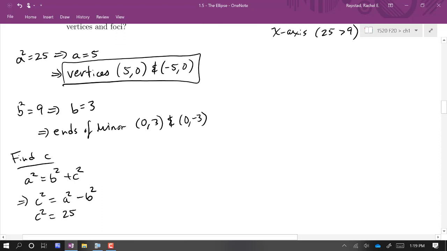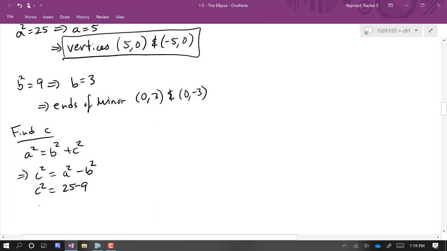So that's 25 minus 9, which is 16. c squared is 16, which means c is 4. And if c is 4, and the major axis is the x-axis, then the foci are at (4, 0) and (negative 4, 0). We could do a quick sketch here.